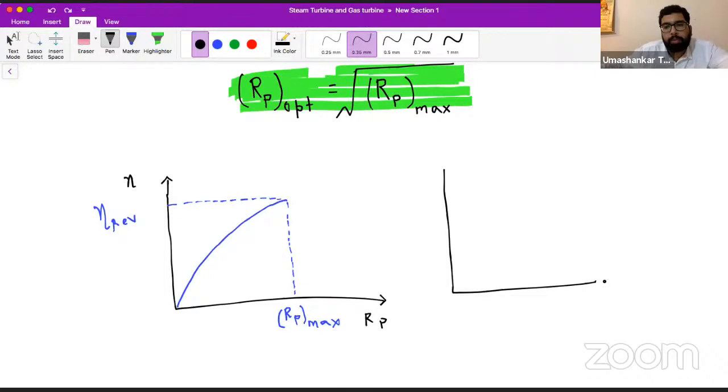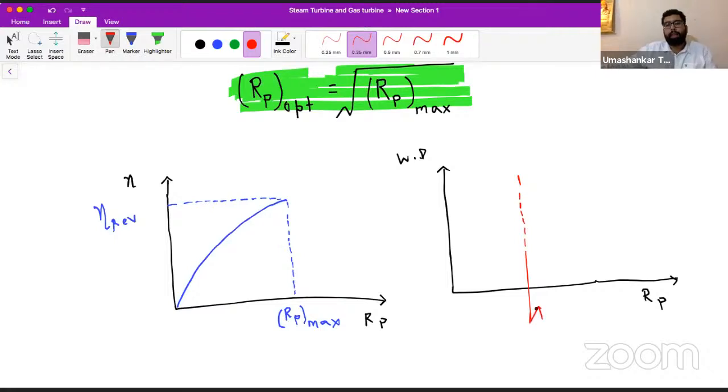If I have the work done on this axis, and the RP on this axis, we have solved for this optimum pressure ratio.